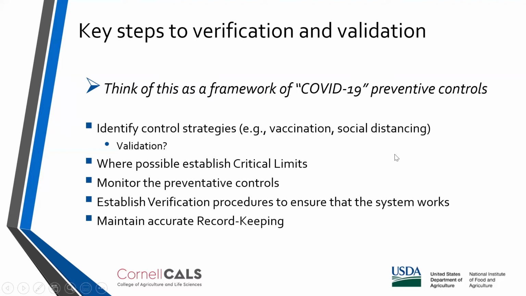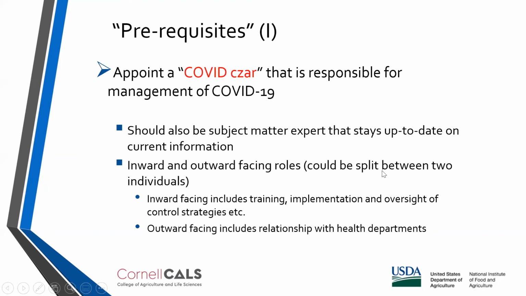And as said before, they need to focus on the high-risk areas. You then need to determine how you will validate them, establish possible critical limits, monitor the controls, establish verification procedures, and maintain accurate record keeping. Over the rest of this presentation, I will make this more tangible with practical examples.